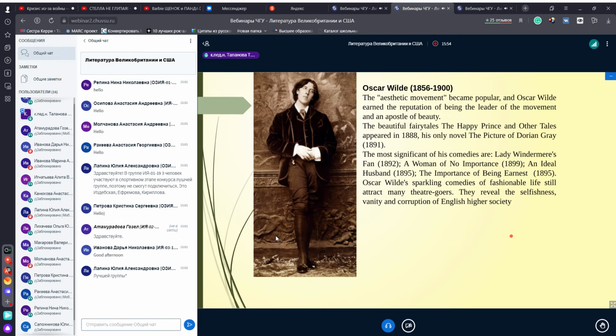If you look at the slide, you will see a number of his famous comedies. For example, Lady Windermere's Fan, A Woman of No Importance, An Ideal Husband, The Importance of Being Earnest, all of them are very often staged, not only in England, but everywhere.